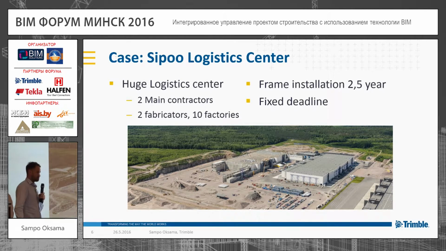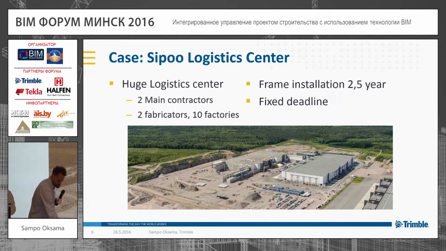And of course there was a fixed deadline, because it's also, I think, the largest freezer in Scandinavia. So half of the Finnish food will be stored in this logistics center.